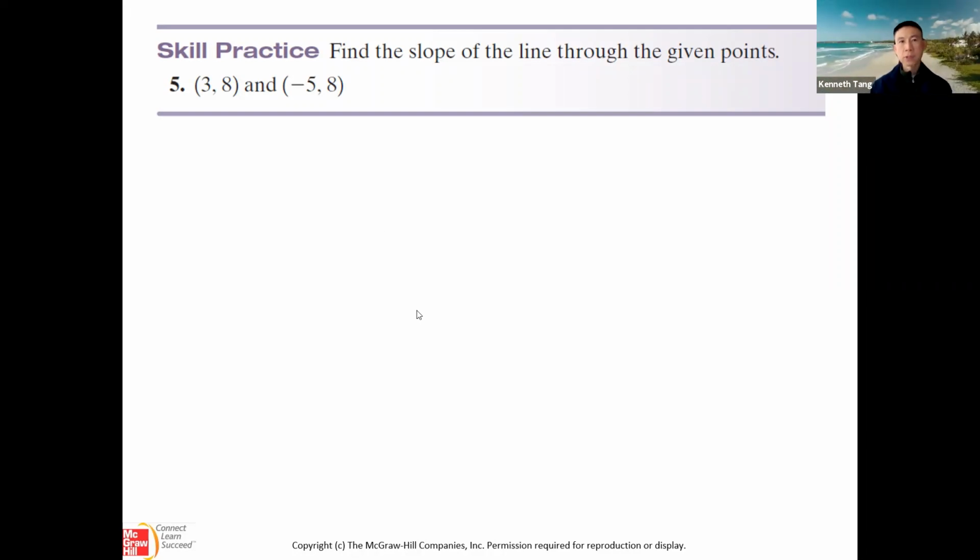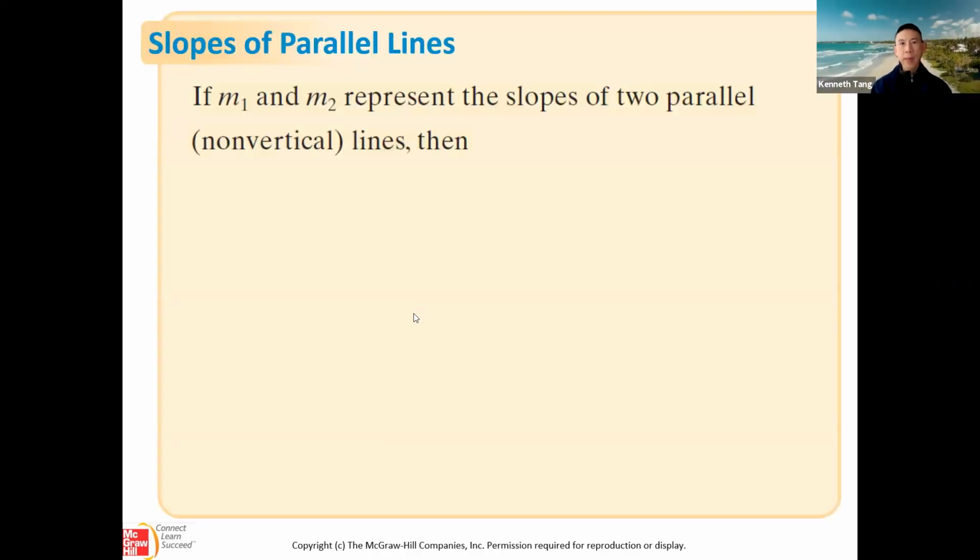So let's try to understand what parallel is and what perpendicular is. When the first equation has the same slope as the second equation, then you know the lines are parallel. And here's the slope of the parallel lines.